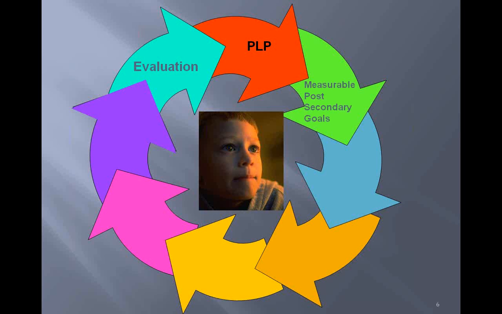The vision will be discussed and noted in the measurable post-secondary goals. Then the annual goals will be created by what is needed to obtain the measurable post-secondary goals on a yearly basis. There could be benchmark objectives, and that will be given depending on the needs of the child. Again, Laura is going to discuss that in more detail a little bit later on.